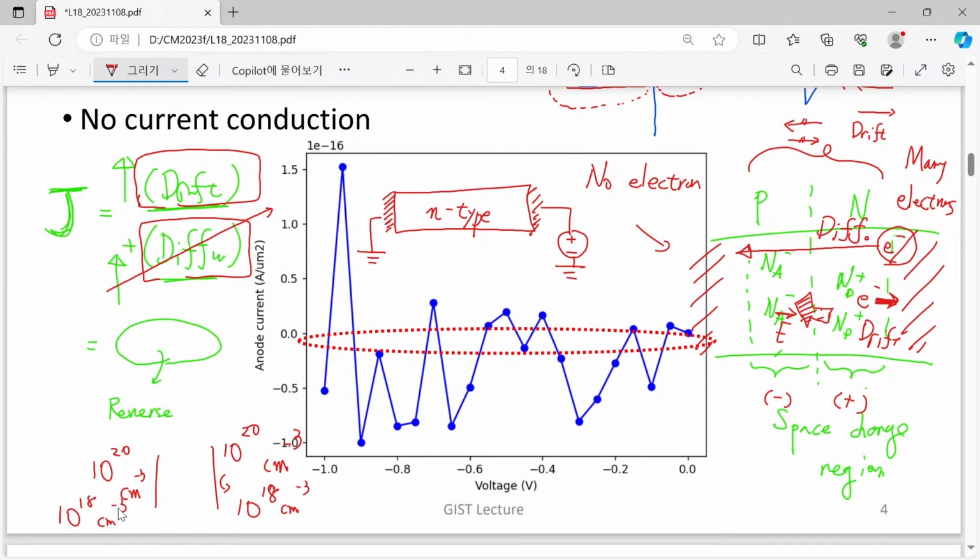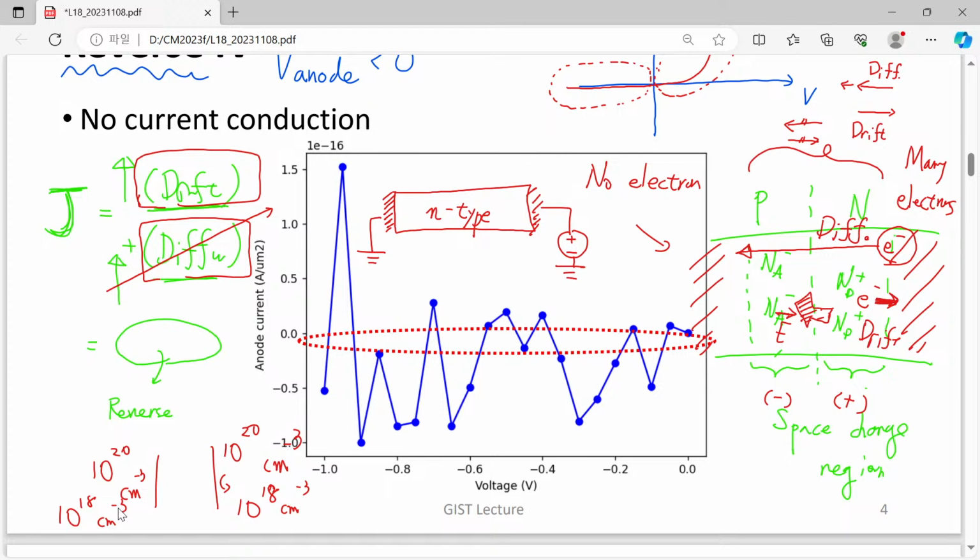Then what will happen? You have 100 times smaller density in your p-n junction. So now you will have much smaller values for your diffusion current. Obviously the drift current will also be reduced.